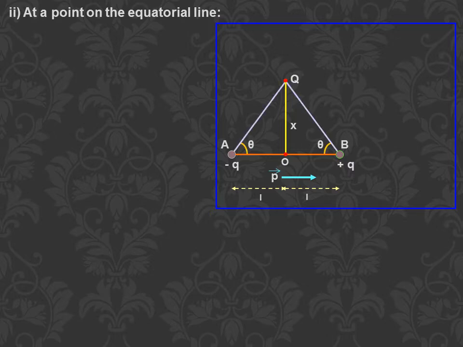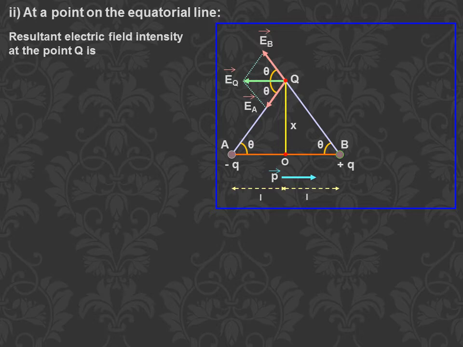Hence we can easily find the electric field intensity due to minus q charge and plus q charge, because both the charges make the same angle theta from point Q. Therefore we get the direction of the electric field intensity due to minus q charge, that is EA, and due to plus q charge, that is EB, and the resultant is obtained by the vector sum of both the electric fields.